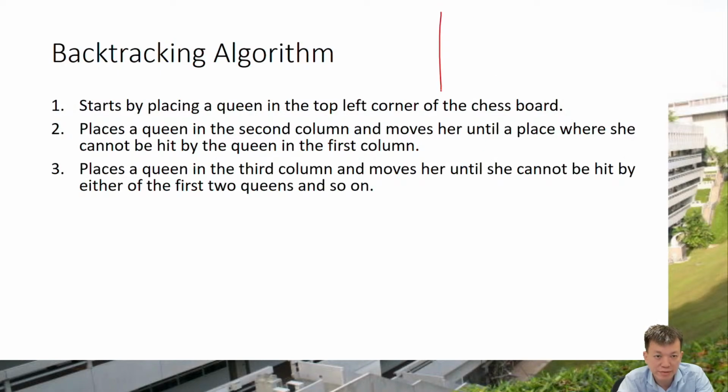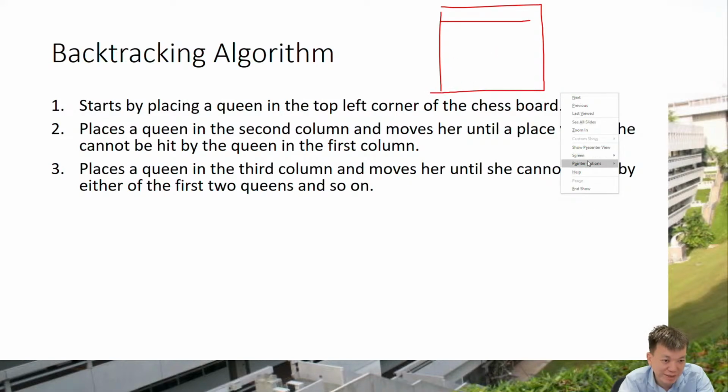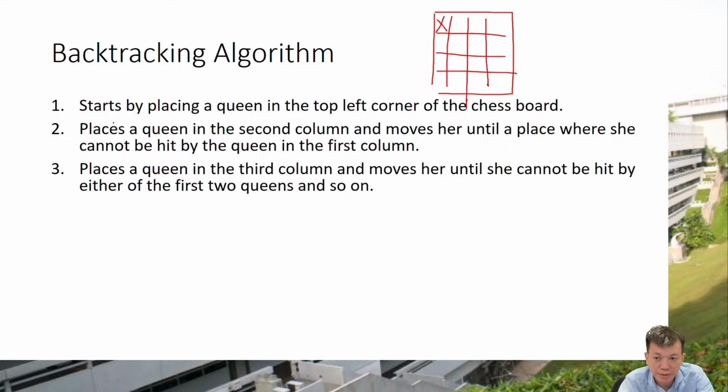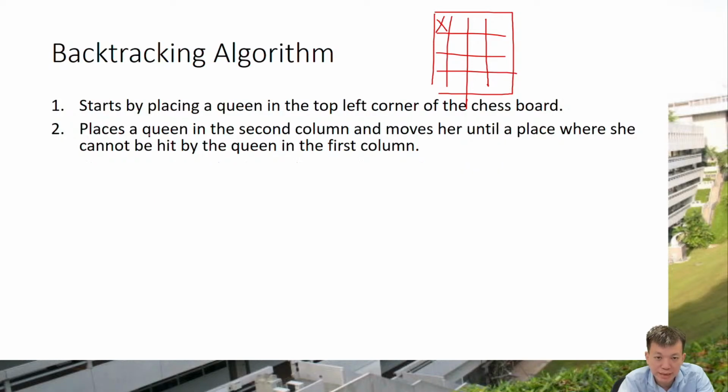To make my life easier, I don't draw so many. I try a 4 by 4, same problem: 1, 2, 3, 4. So if I put a queen here, then I will try to place a queen in the second column.